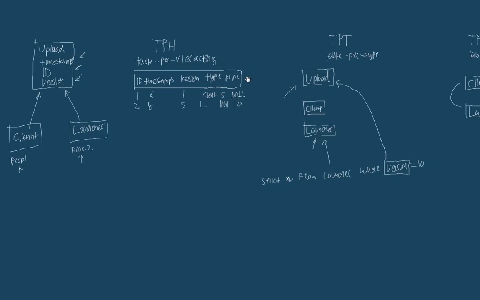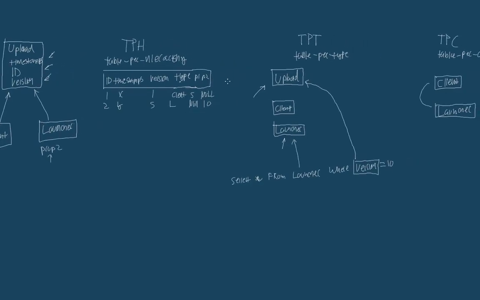The next option is TPT, or table per type, where we separate out a table for every type so we don't repeat ourselves in our properties, but it requires some complex join logic in order to perform either concrete or polymorphic queries. Remember, TPH, we can perform concrete and polymorphic queries without any additional work. TPT, we have to do additional work in both cases.